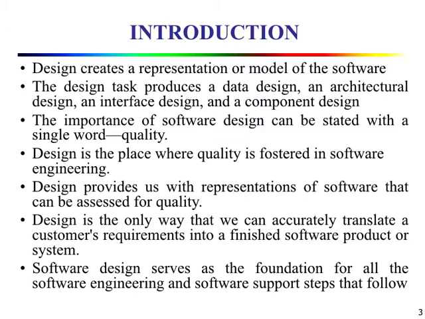And in software engineering context, the design focuses on four major areas of concern. That is data, architecture, interfaces and components. So in the design phase, it is going to produce a data design, an architectural design, an interface design and a component design.